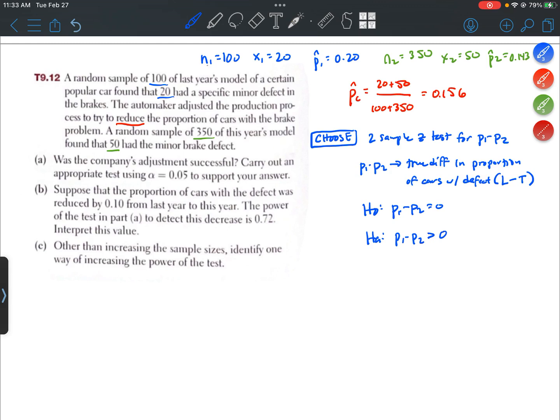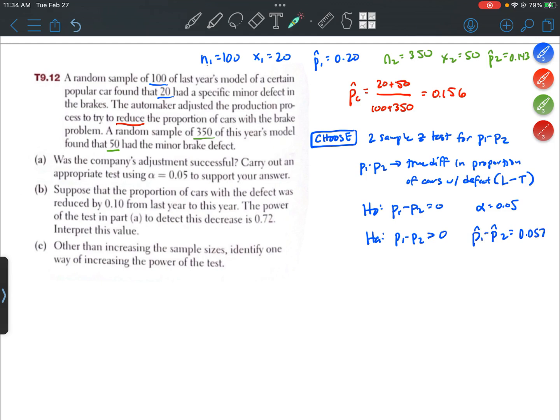Okay, what else do we need to do? Significance level, 0.05, statistic. So P hat 1 minus P hat 2, that's 0.20 minus 0.143. So 0.057.